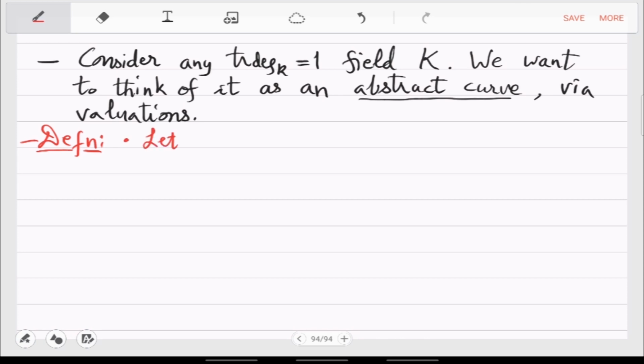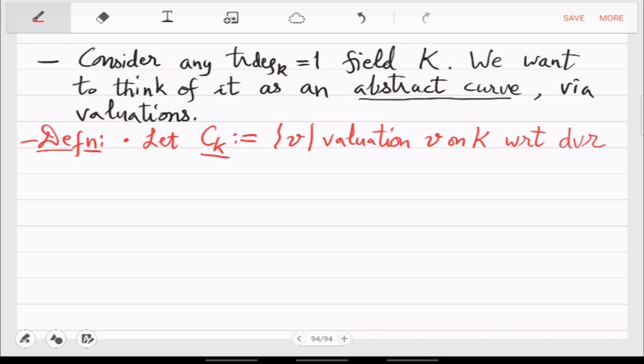So formally, as promised, let C_K be the set of all valuations V on K with respect to DVR R_V and unique maximal ideal M_V.